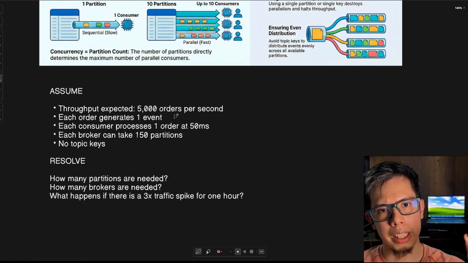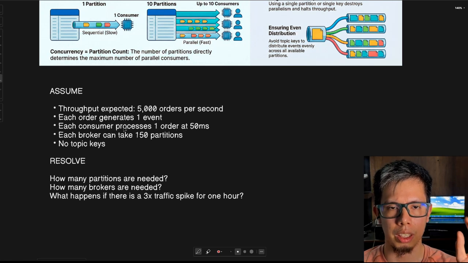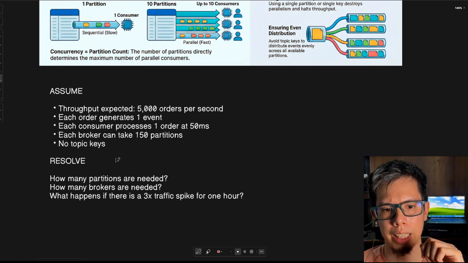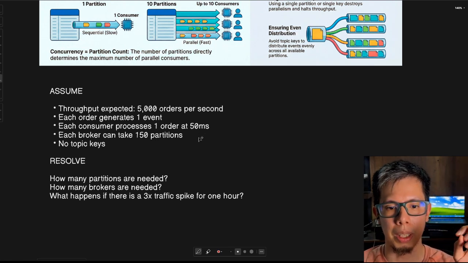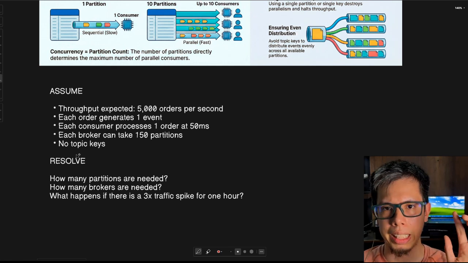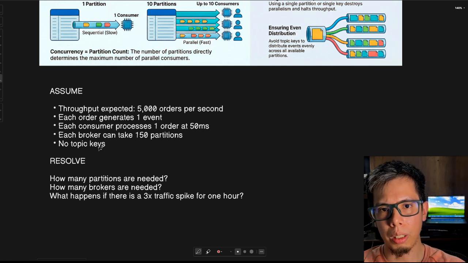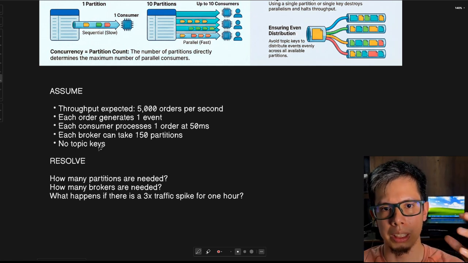Each order will generate an event, and the process time of each consumer will take 50 milliseconds. Each broker can take 150 partitions, and there are no topic keys. So, like I was talking about, without topic keys it's much easier to work with multiple consumers in parallel.